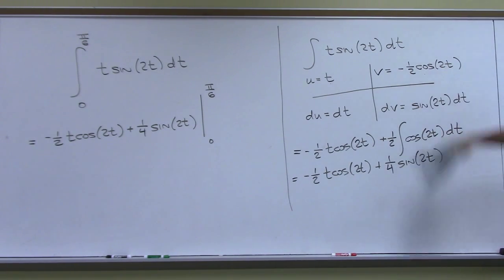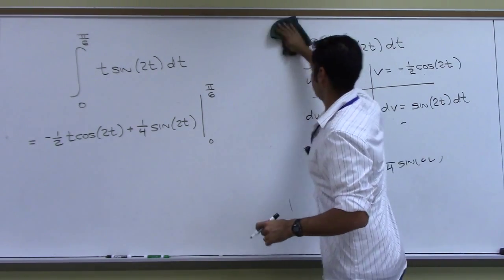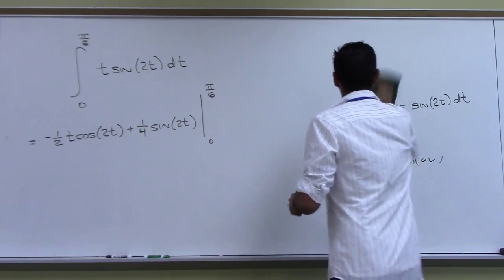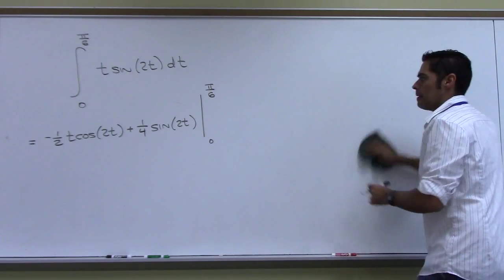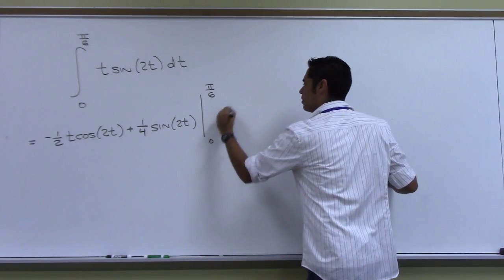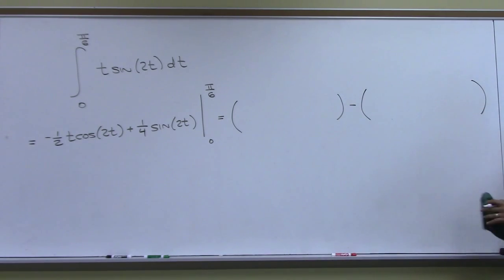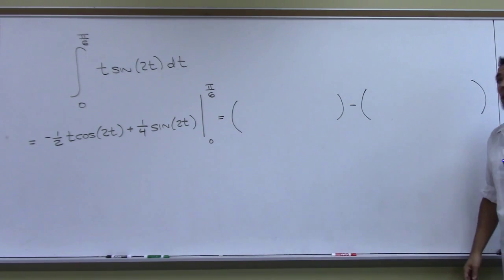May I erase this side? Anyone need this still? We're all good? Equals two sets of parentheses. Let's plug in pi over 6.